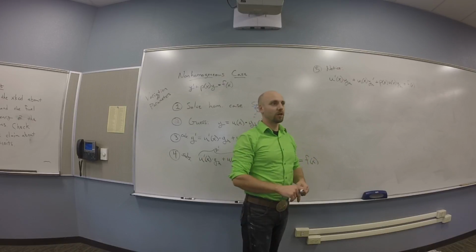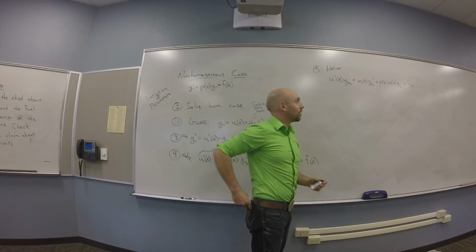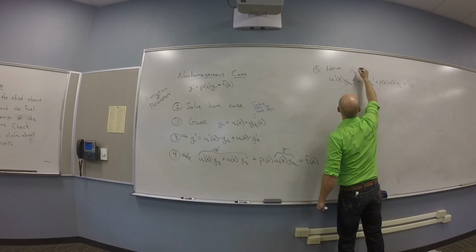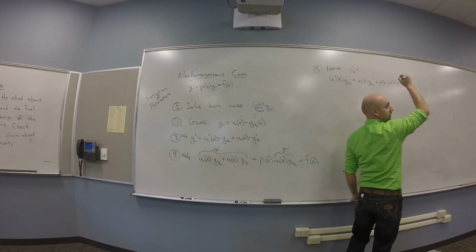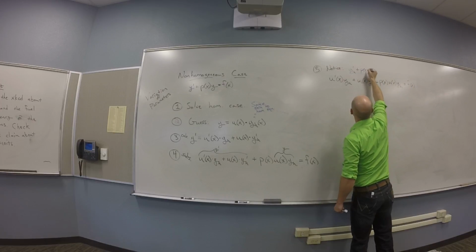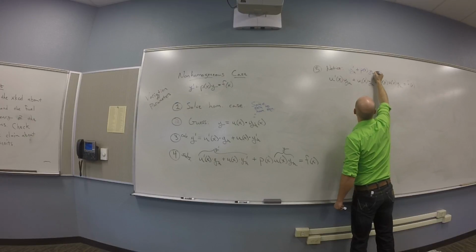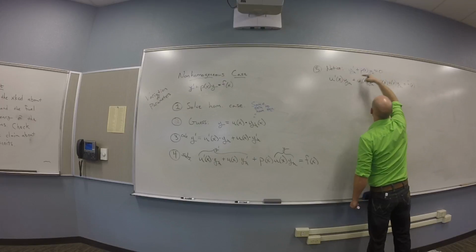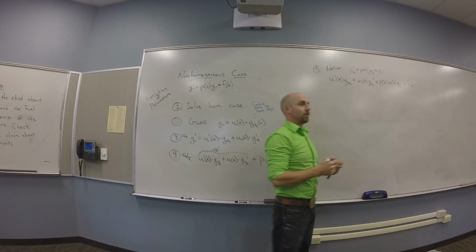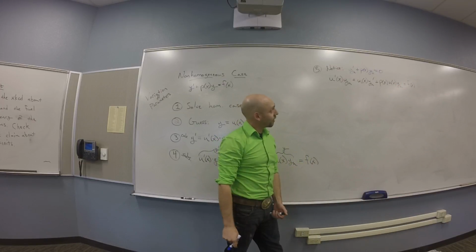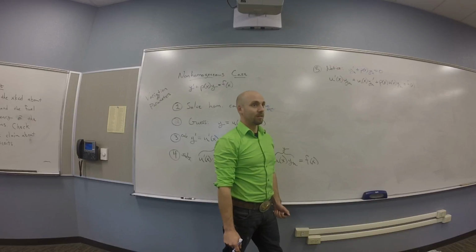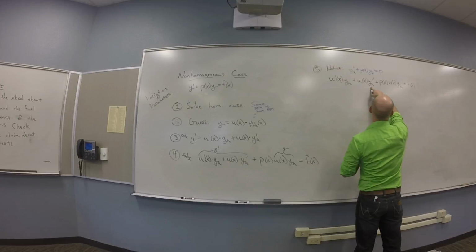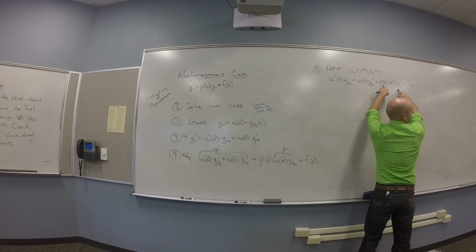What was the homogeneous version? If I thought about the homogeneous version, it's yh prime plus p of x times yh equals 0. So this is what I know, right? I know this blue thing. You see that blue thing kicking around somewhere? There's your yh prime, there's a p of x times yh.